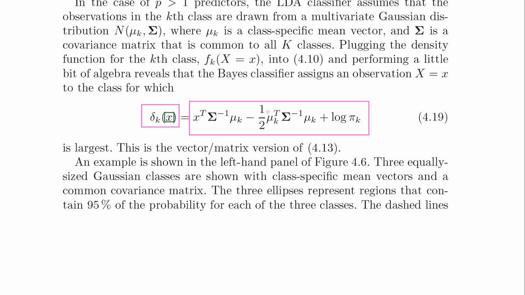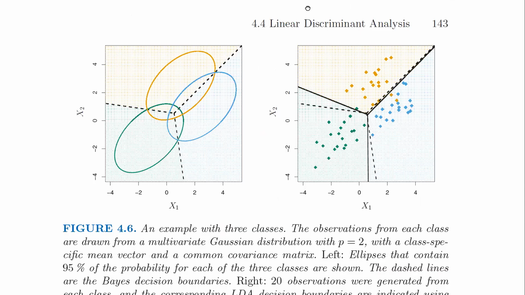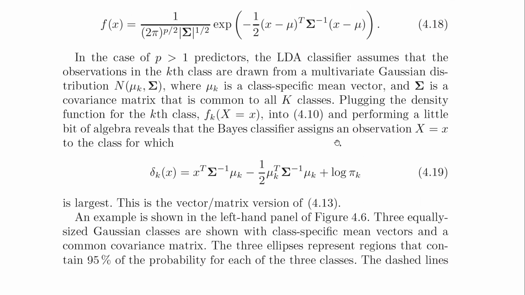Most of the things that you're seeing over here are vectors. You get one real number. And for whichever class you get the largest real number, the largest delta, you will classify that observation within this class. In this case, we have 3 classes, so you calculate this 3 times.